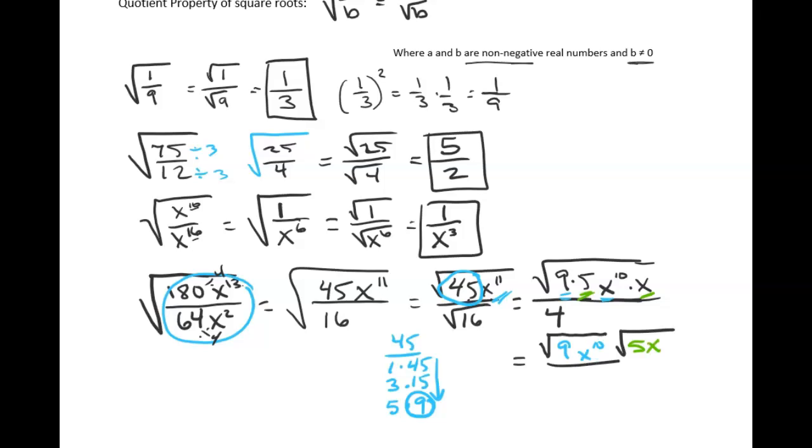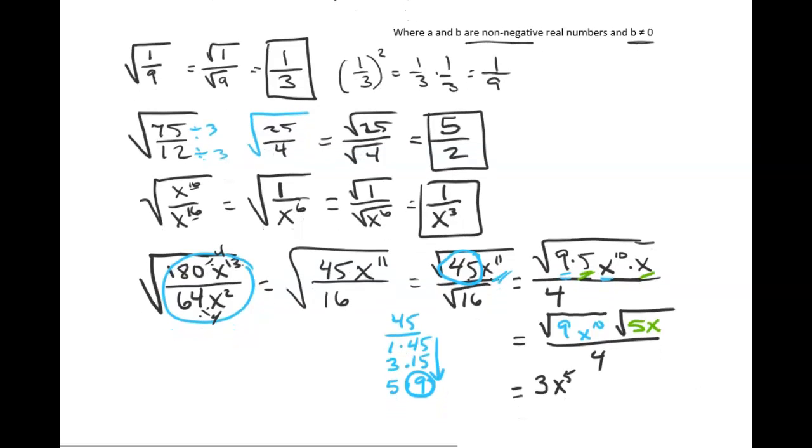And don't forget that's still all over 4. Now I can evaluate. The square root of 9 is 3. The square root of x to the 10th is x to the 10 divided by 2, or x to the 5th. That is being multiplied by the square root of 5x, and the whole thing is over a denominator of 4. And that will be my final answer.